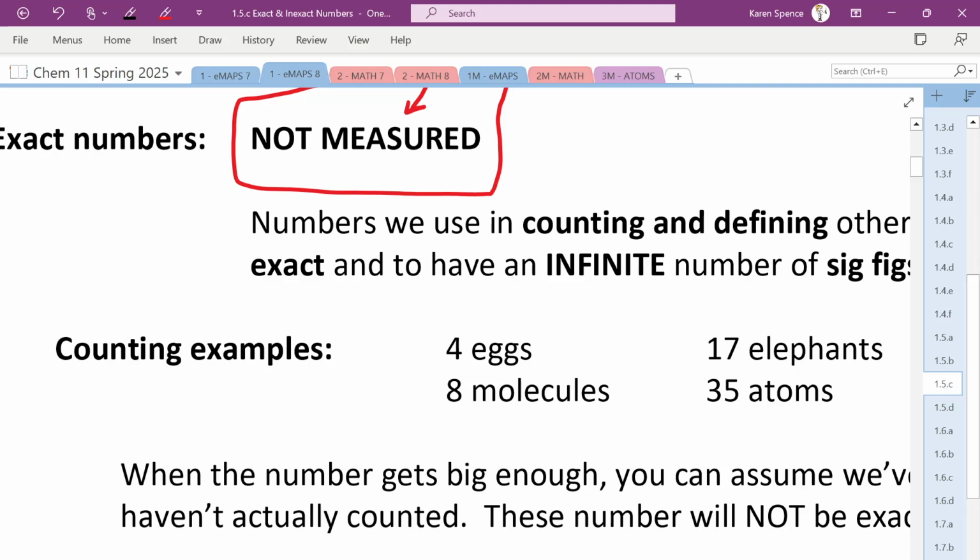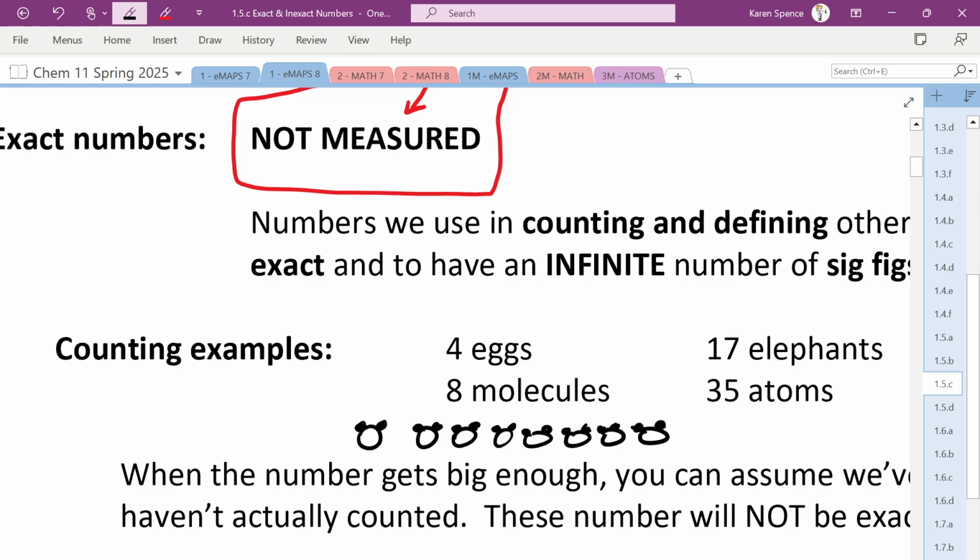All right? If I say 8 molecules, let's say we had 8 water molecules. So that would be 1, 2, 3, 4, 5, 6, 7, 8 little Mickey Mouses. That is a small enough number of molecules that I could actually count those. So I would not mean approximately 8 molecules. I would mean exactly 8 molecules. Okay?